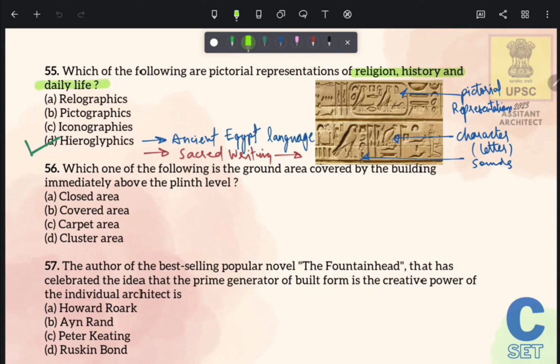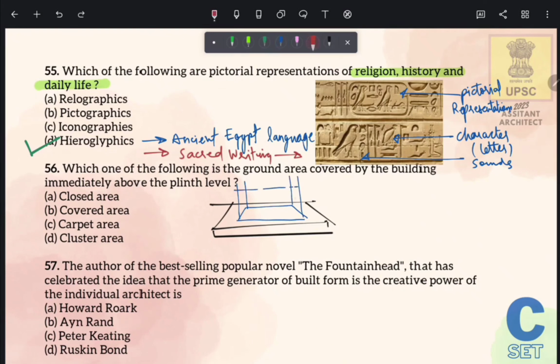Question number 56 is, which one of the following is the ground area covered by the building immediately above the plinth level? So let's understand it through a diagram. Suppose this is our plinth level and this is the area of building. So area which is just above the plinth level and covered by a building is known as covered area. This is plinth area.